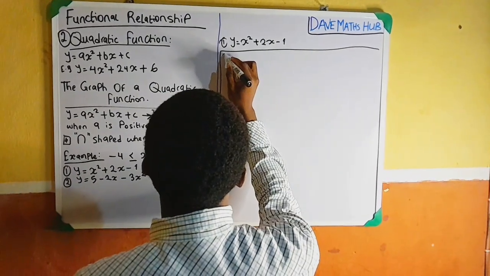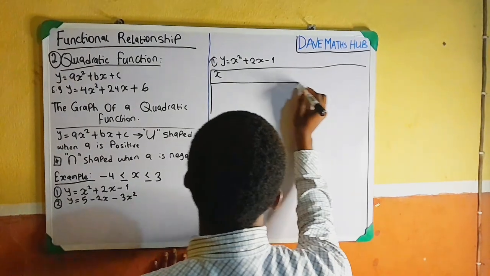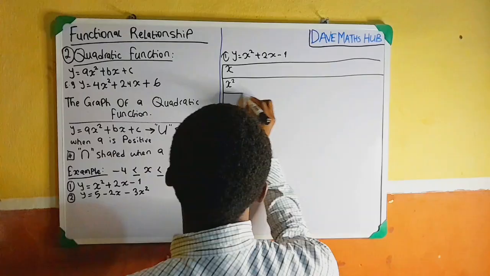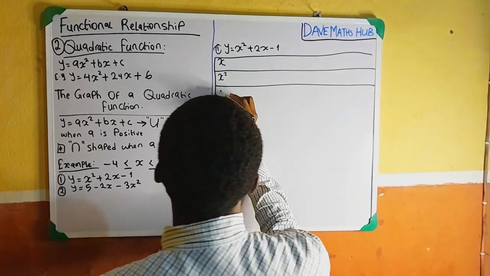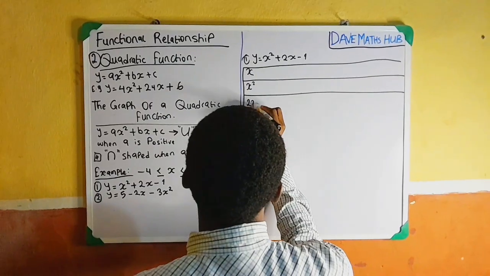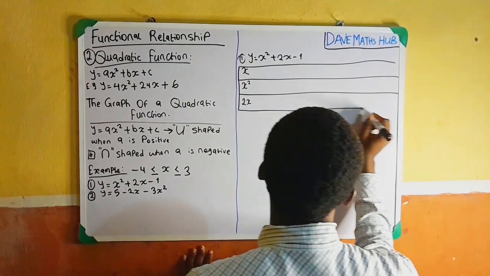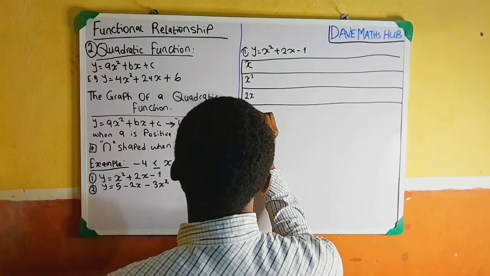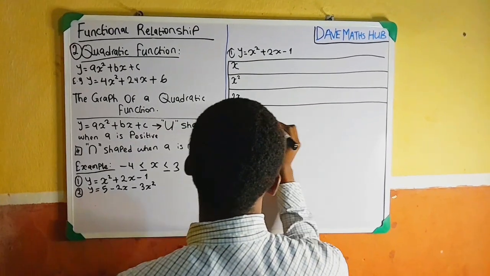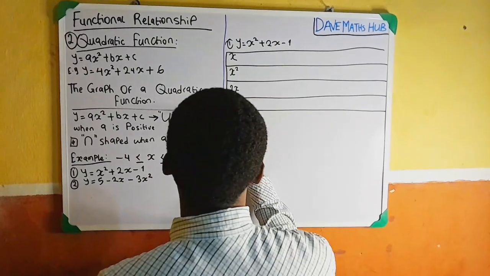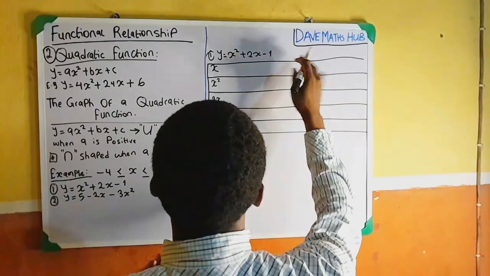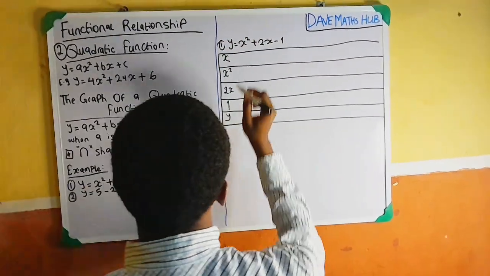We have our x, we have our x squared, we have our 2x, we have our constant of minus 1, and lastly y. So we brought all these variables and arranged them.